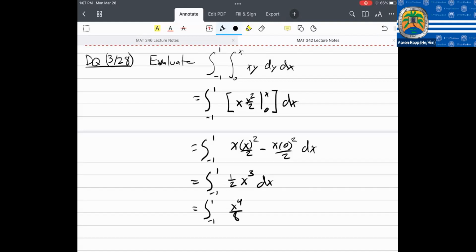I'll be dividing by 4, but since I'm already multiplying by 1/2, that just becomes multiplication by 1/8 or division by 8. So if I take 1 raised to the 4th power divided by 8, I subtract -1 to the 4th power divided by 8. Which means this is 1/8 minus 1/8, and gives me 0.